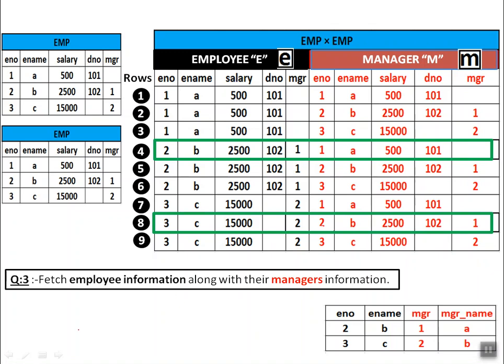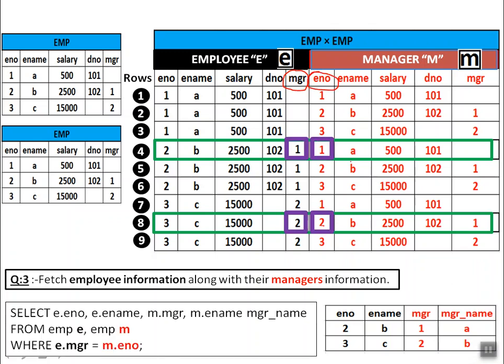These two are required. Similarly, here also the same thing. Employee number must be equal to manager number. The condition is E.manager number is equal to M.E number. That is the way to write the condition. Clear, guys? In this case, look at this.